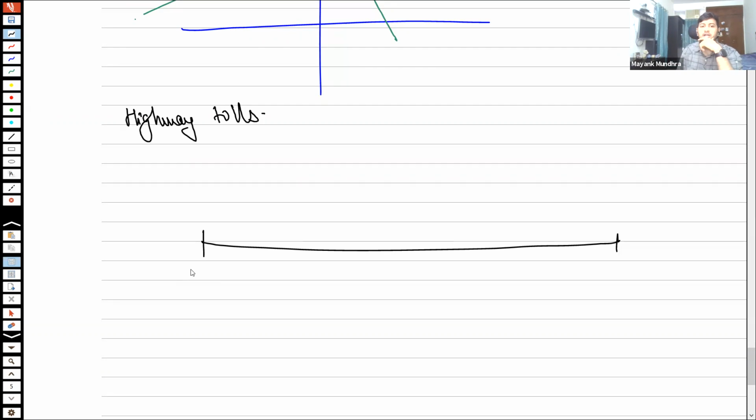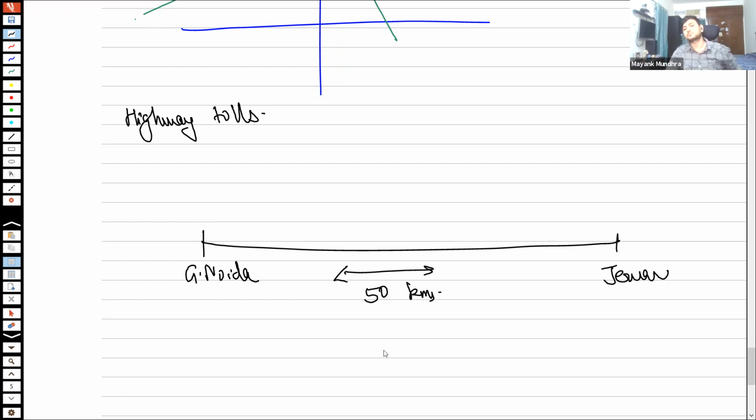One starts at Greater Noida, and the other is at Jewar. Okay, so those are your two tolls, the first two tolls. The distance between the two tolls is, let's say, 50 kilometers. Now, the permitted speed is 100 kilometers per hour.